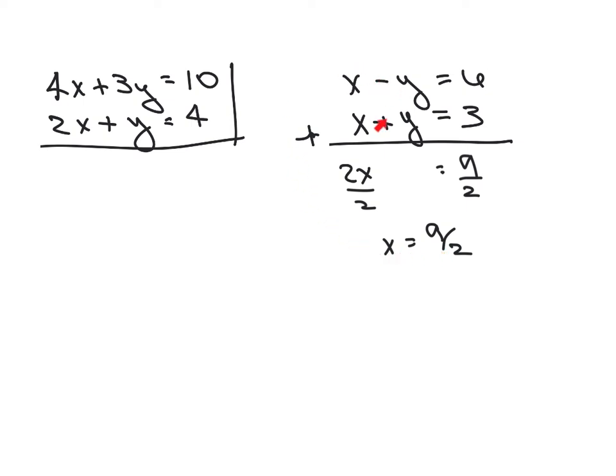Now I'm going to have to take one of these equations. Let's just take the top one. And instead of putting x in there, I'm going to put 9/2 minus y equals 6. So I need to get rid of that 9/2, so I'm going to subtract 9/2 from both sides.